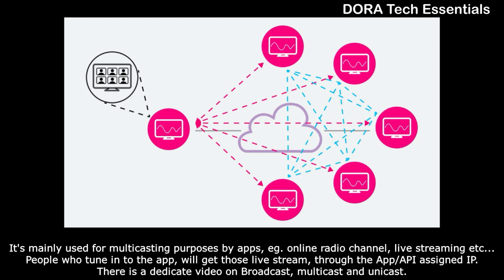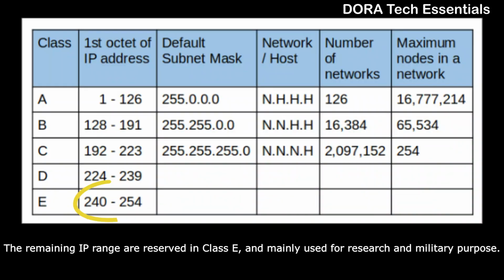There is a dedicated video on broadcast, multicast, and unicast. The remaining IP range is reserved in Class E, and mainly used for research and military purposes.